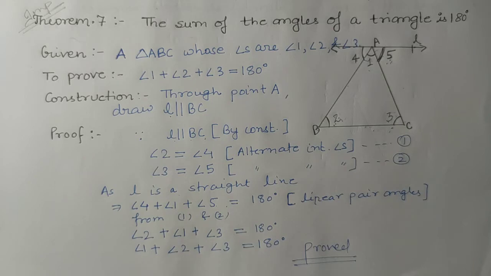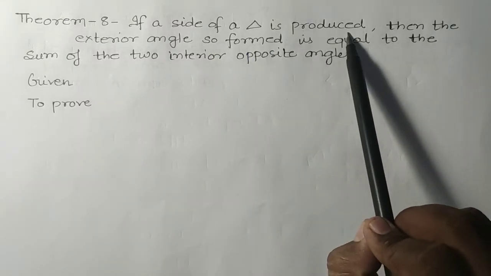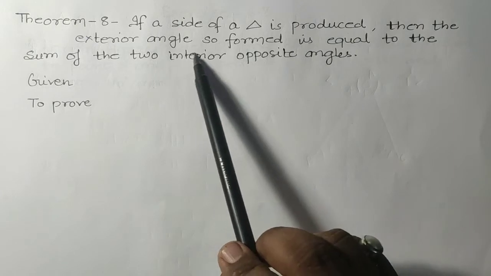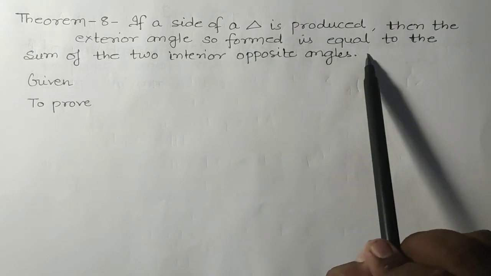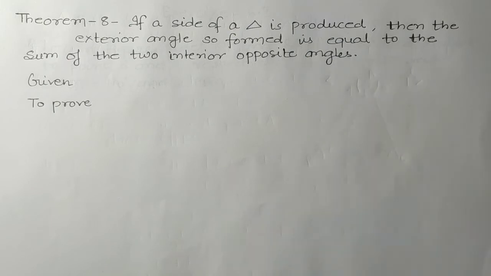Coming to our next theorem. The next theorem is, if a side of a triangle is produced, then the exterior angle so formed is equal to the sum of the two interior opposite angles. It will be more clear from the figure.